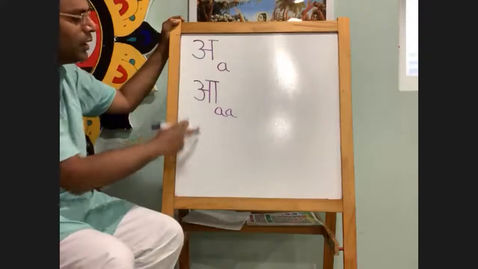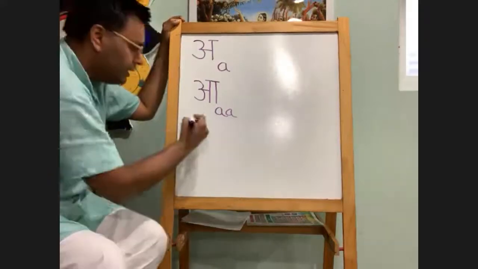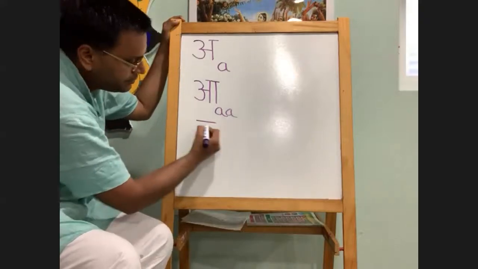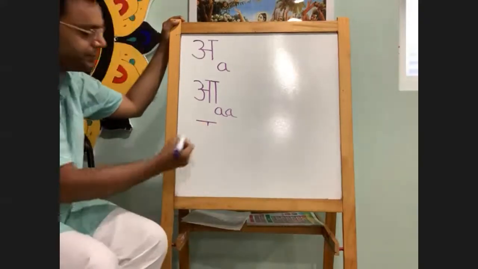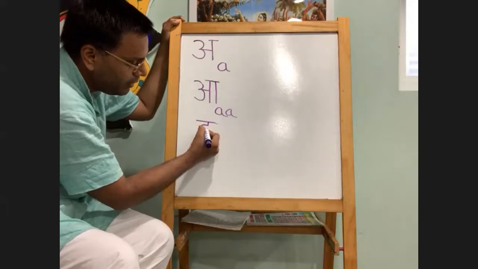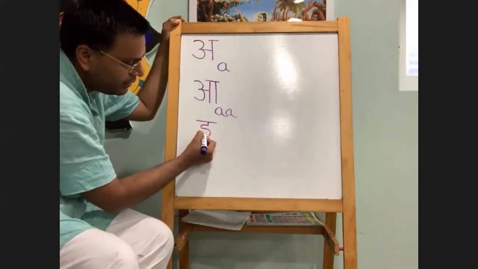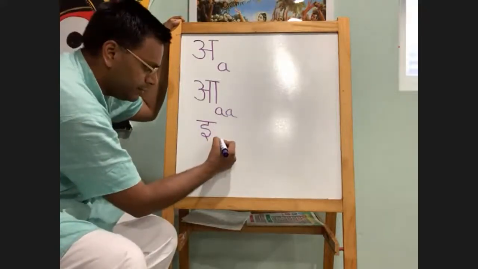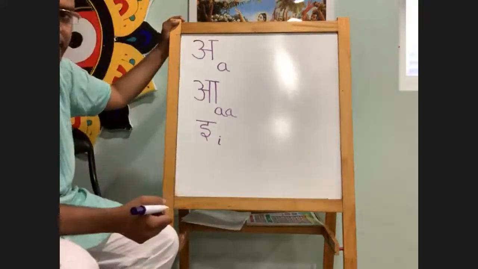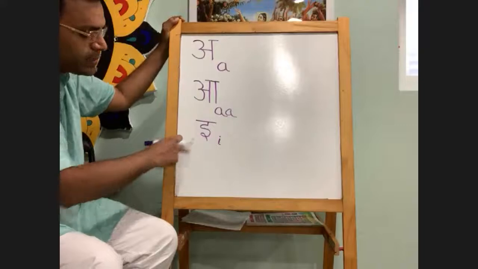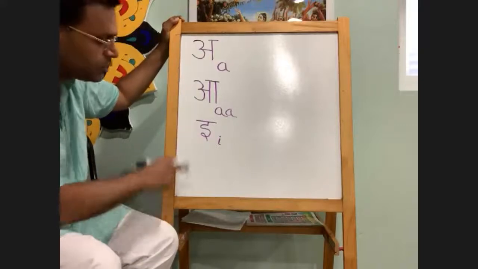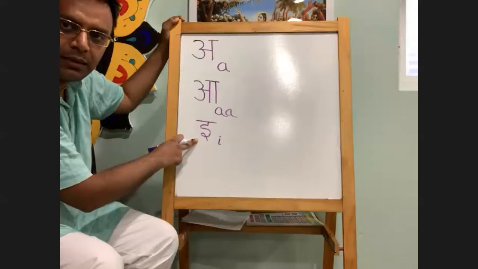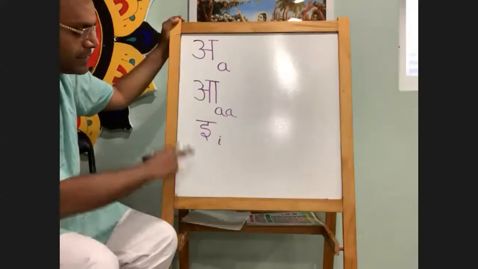So a, aa. Then i. A straight line, a little vertical line, and then you make an S shape. Okay, so that is i, with the sound like in 'form', 'ink', 'in'.